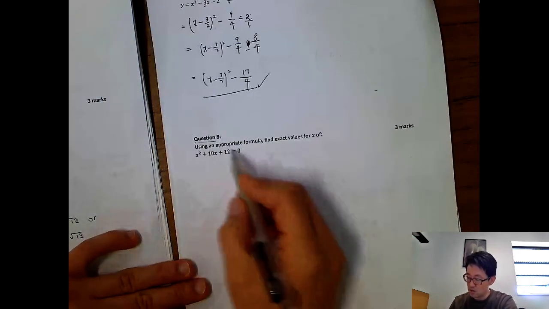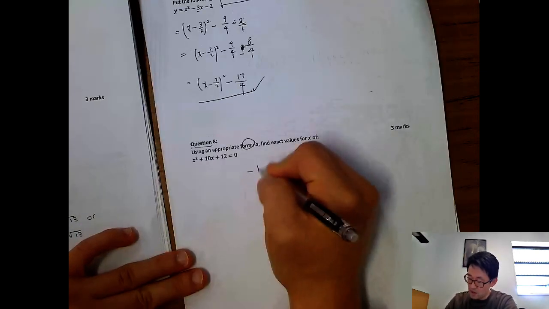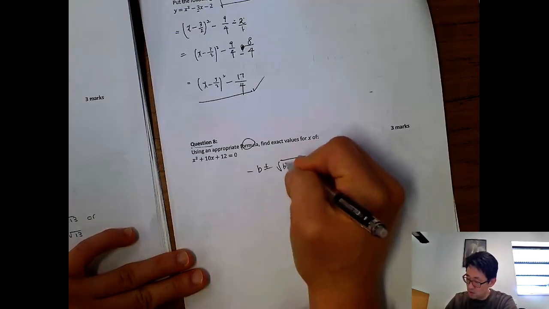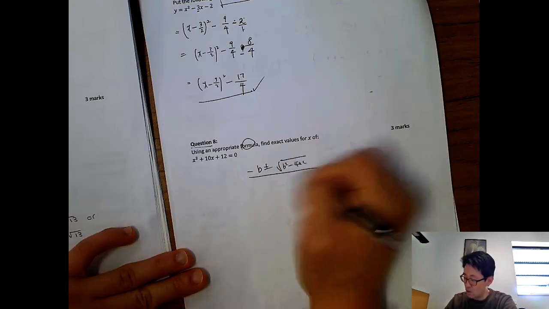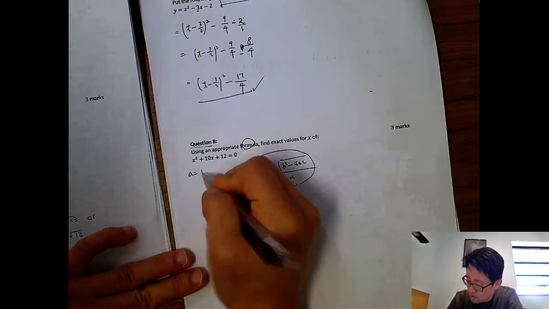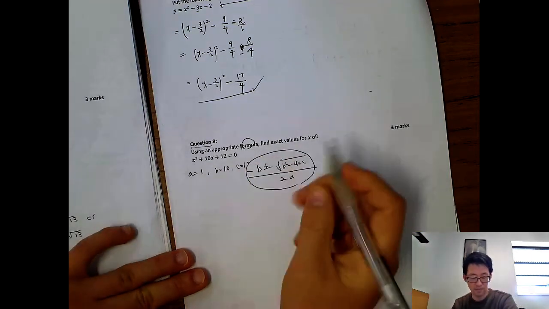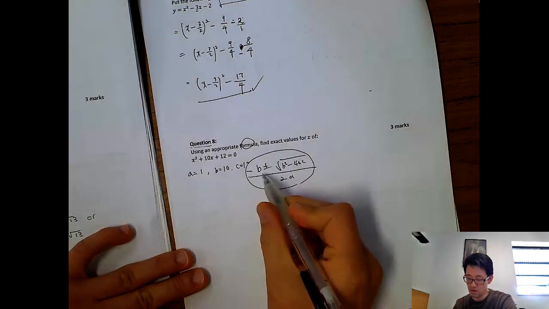Question 8. Using the quadratic formula: minus b plus or minus the square root of b squared minus 4ac, over 2a. That's all I need to do. a is 1, b is 10, c is 12. All I need to do is plug in here.